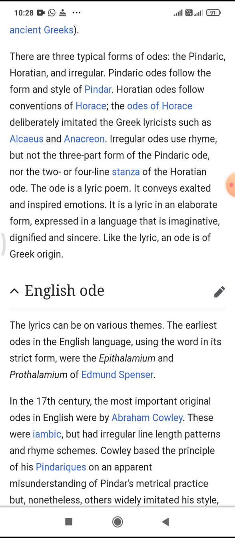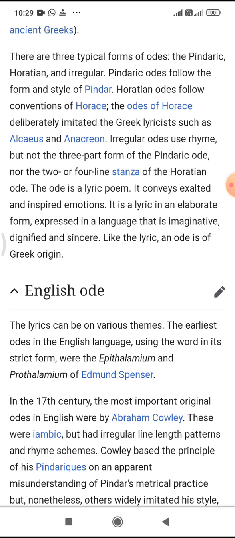The odes of Horace deliberately imitated Greek lyricists such as Alcaeus and Anacreon. Irregular odes use rhyme but not the three-part form of the Pindaric ode, nor the two or four line stanza of the Horatian ode.